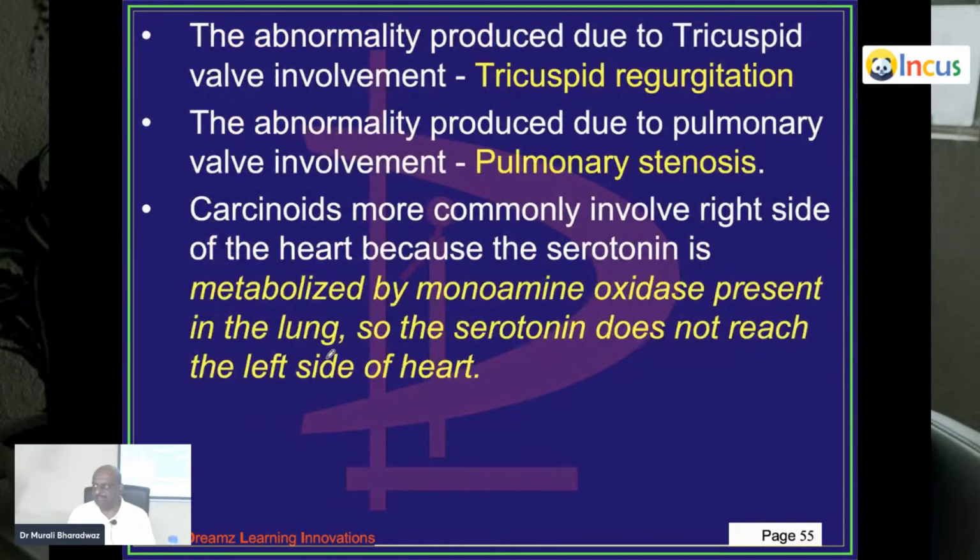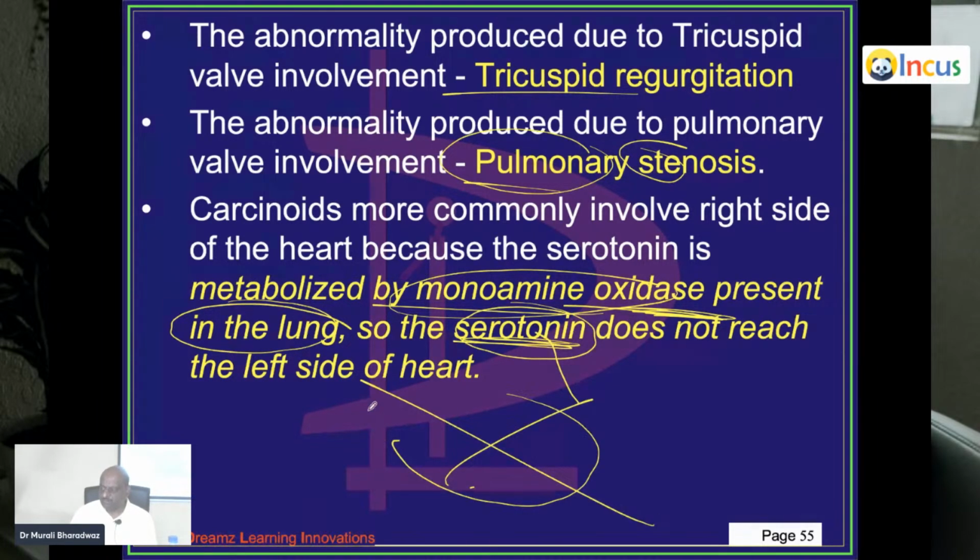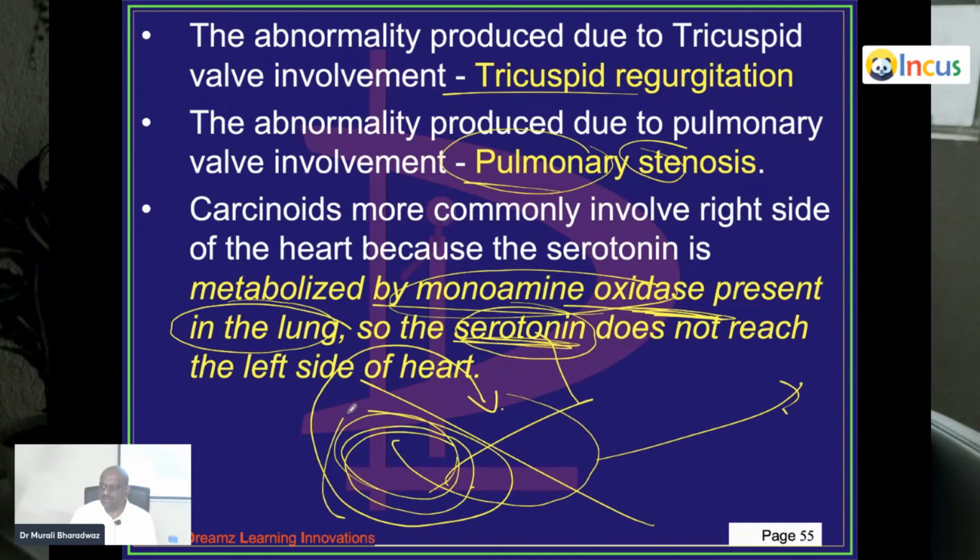Metastatic carcinoid. So tricuspid regurgitation. Going further, between the right ventricle and pulmonary artery, pulmonary stenosis. And serotonin is metabolized by monoamine oxidase, which is present in the lung. So that's the reason that by the time it reaches from the right side to the left side to go to systemic circulation, the serotonin of the carcinoid is already metabolized in the lung.